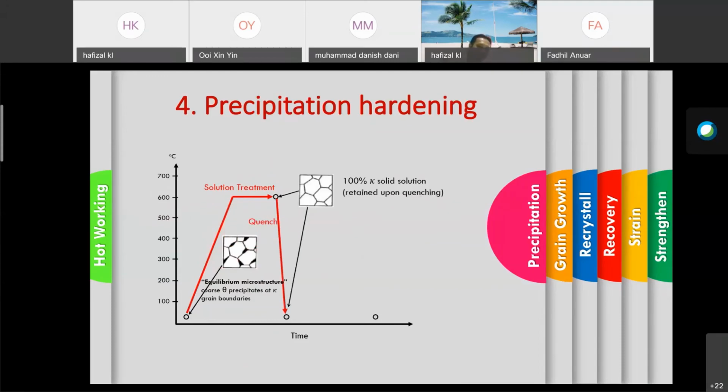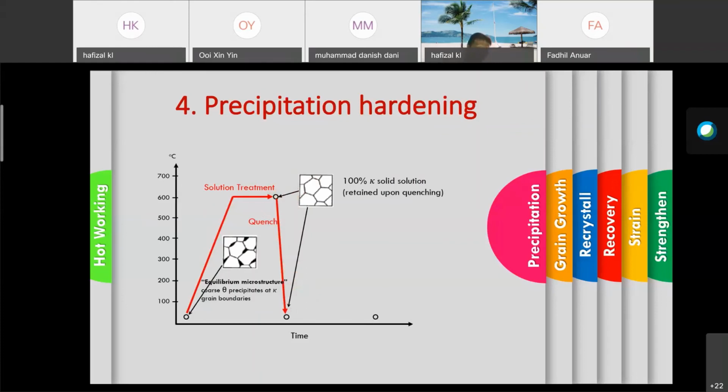After this, we'll see the processes one by one. In quenching we introduce a very fast cooling process. At a certain point, we have around 600 degrees Celsius, and in quenching, within a small amount of time, the temperature reduces very fast.